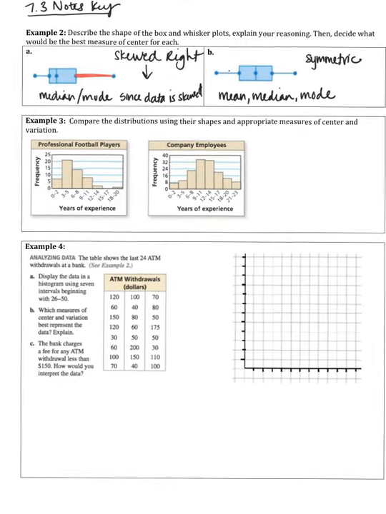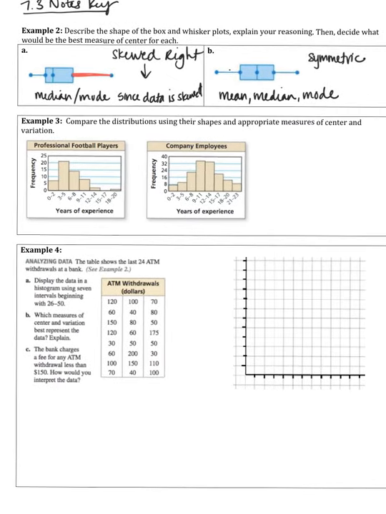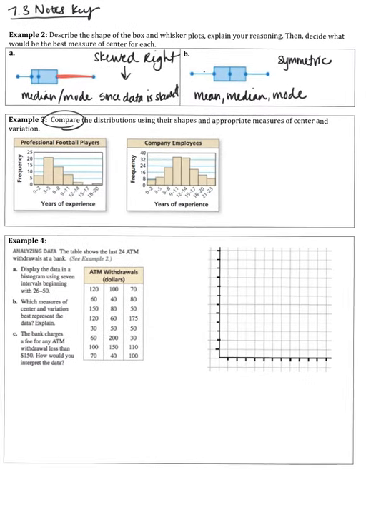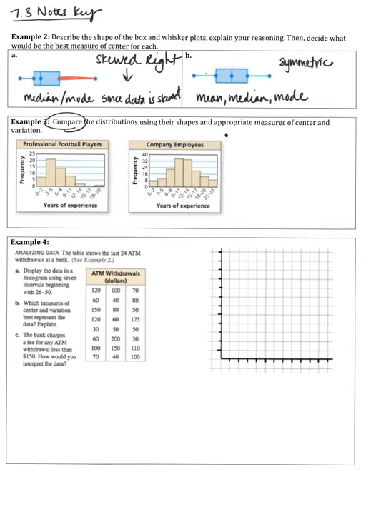All right, example 3, we're comparing distributions using their shape and appropriate measures of center. Now, when we compare, we want to make sure that we do talk about both distributions, not just list facts about the one and then the other. We really do want to compare. So one thing that we can see here is that professional football players seem to have less career experience than company employees.